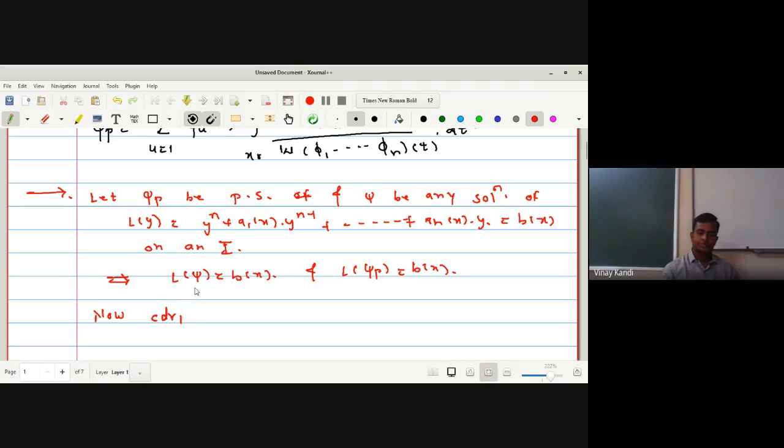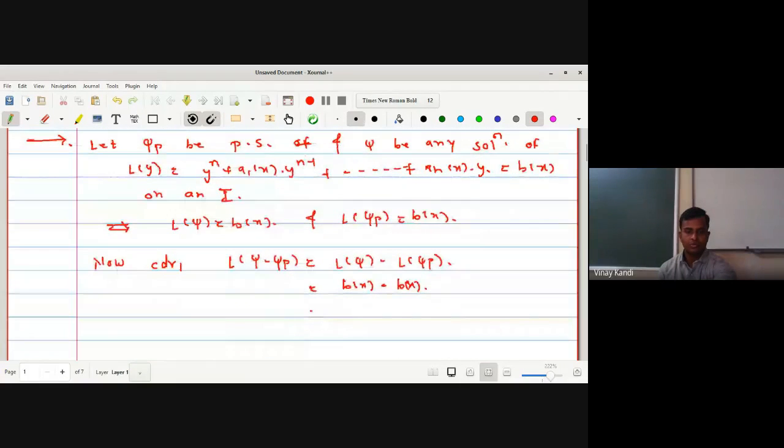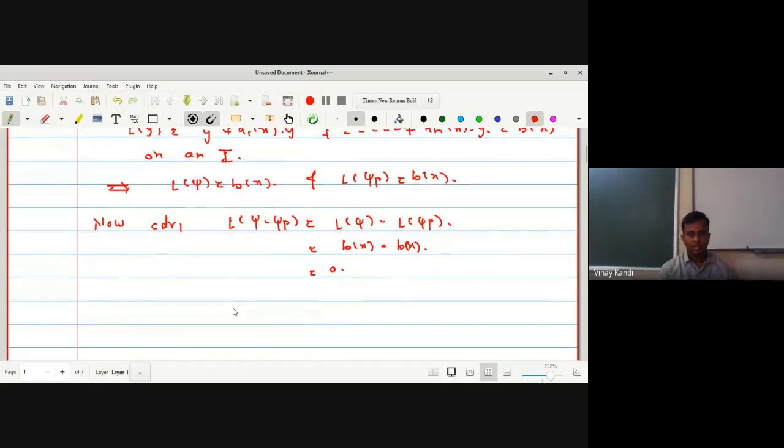Now consider L of psi minus psi p, which is equal to b of x minus b of x, which is equal to 0.